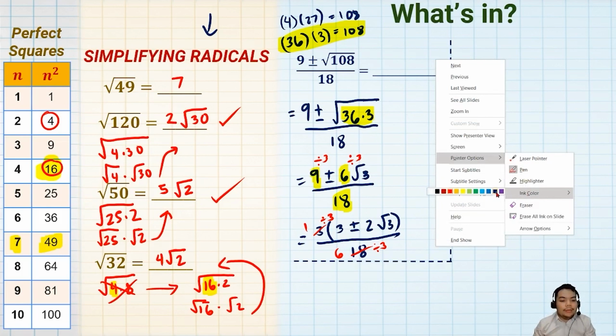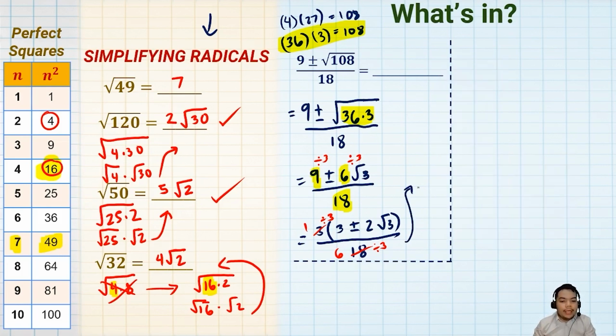So, from that, our final answer will now be 1. So, susulat ko pa ba yung 1? Hindi na. Parang ang dating kasi niyan, 1. So, dito natin lagay 1 times 3 plus minus 2 square root of 3 all over. So, divide na natin yung 18 sa 3. So, this will become 6.